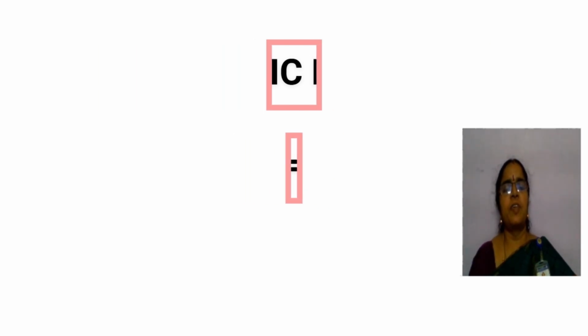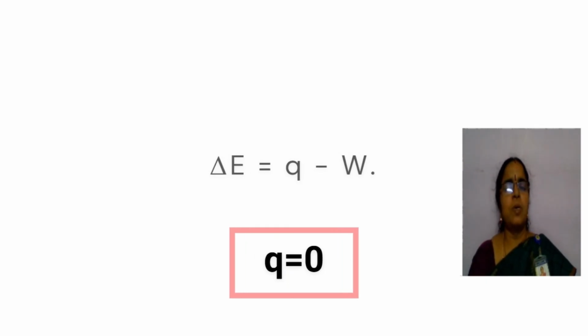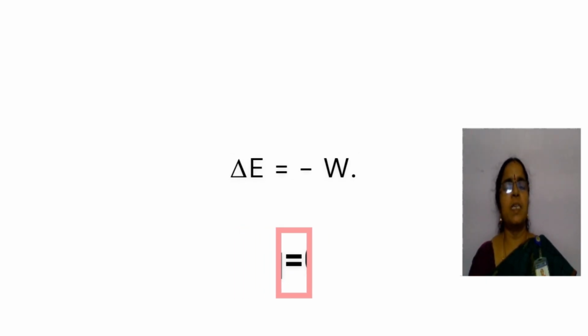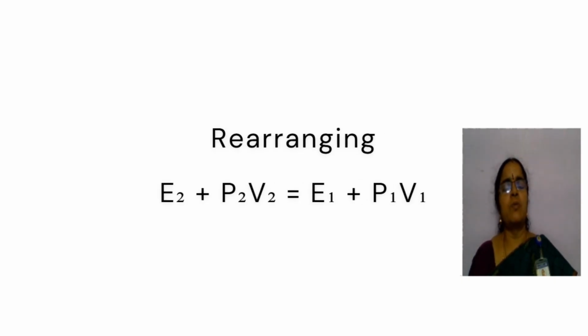Applying the first law of thermodynamics, delta E equals Q minus W. Since Q is equal to 0, delta E is equal to minus W. Substituting the work expression, E2 minus E1 is equal to P1 V1 minus P2 V2. Then E2 plus P2 V2 is equal to E1 plus P1 V1. We all know H is equal to E plus PV.